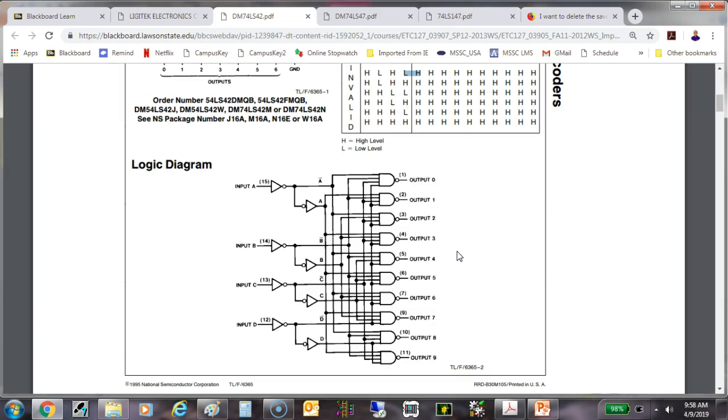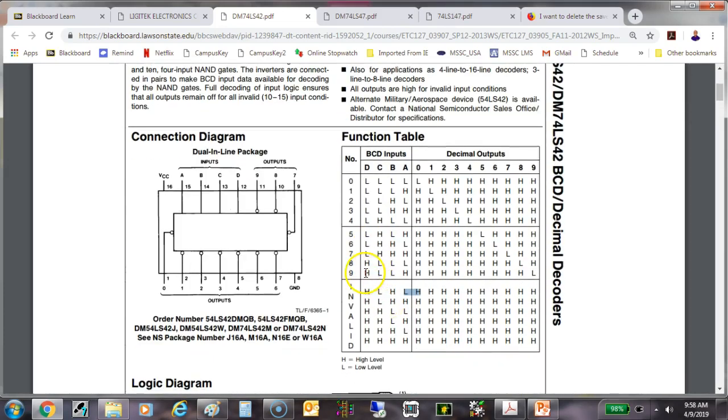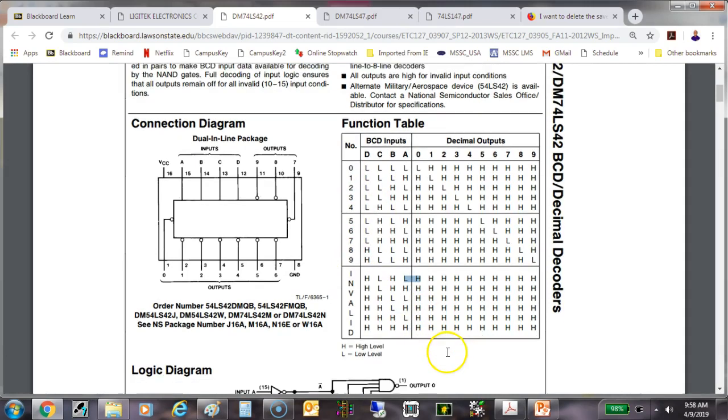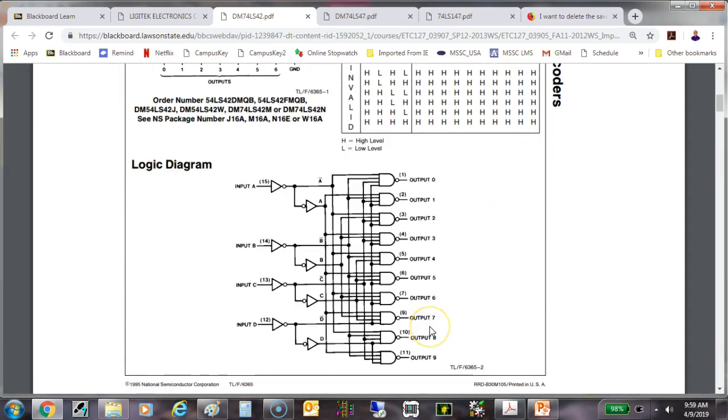What we need to know is how the logic circuit responds to the inputs. We know we can put 16 inputs on this thing, 2 to the 4th, but only binary numbers 0 through 9 would be decoded. After that, all the outputs would go high. So this is nice to know.